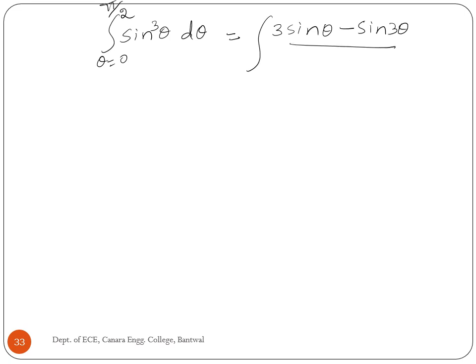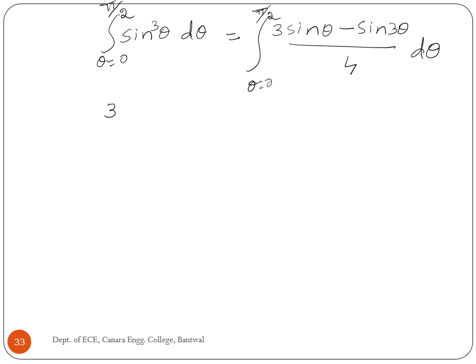Now I will solve sine cube theta d theta when theta is 0 to pi by 2. So we know that the integration of sine cube theta is the integration of 3 sine theta minus sine 3 theta divided by 4, theta 0 to pi by 2, d theta.